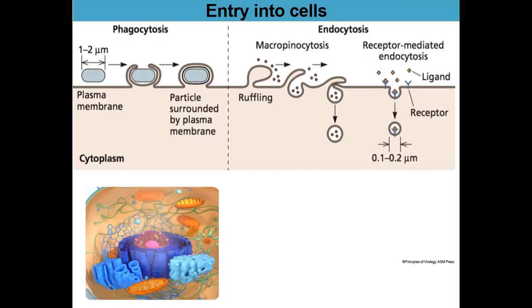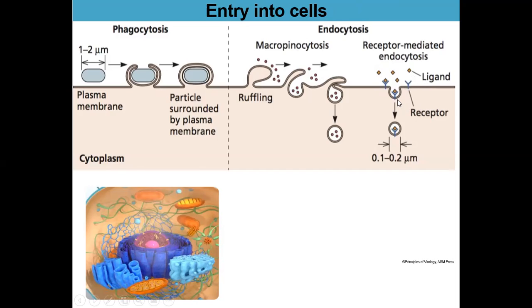Phagocytosis is normally for the bigger viral particles. Here you see that after attachment with the particular and specific receptor, the cell will take the particle inside. And here you see macropinocytosis and receptor-mediated endocytosis.